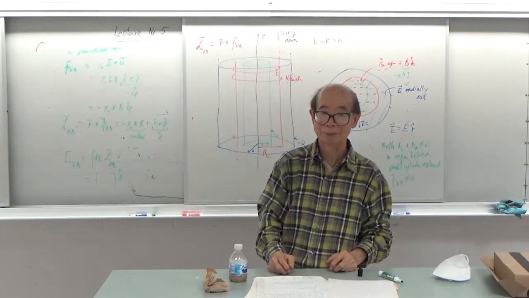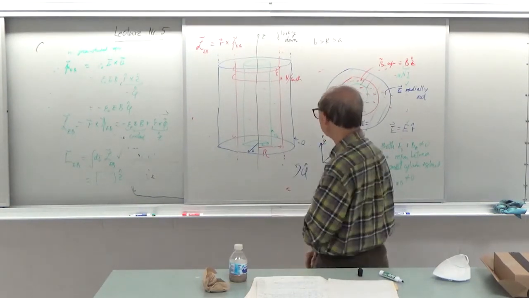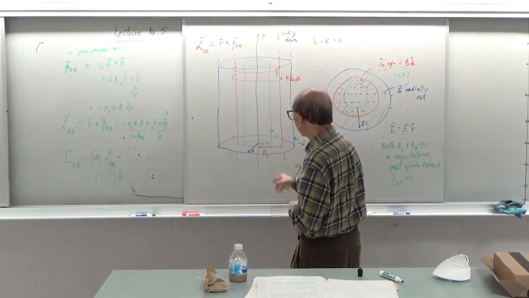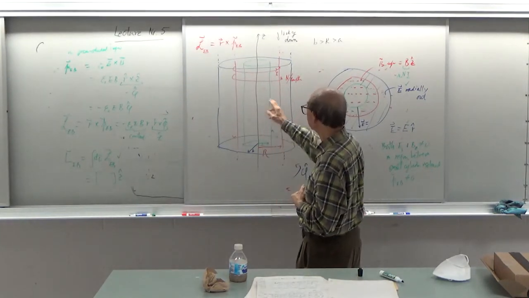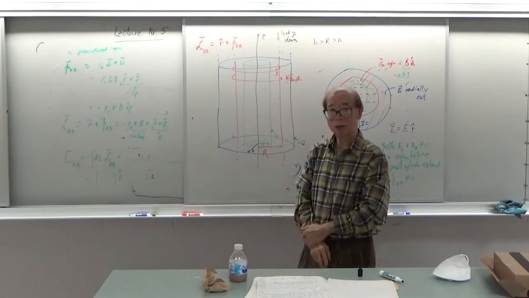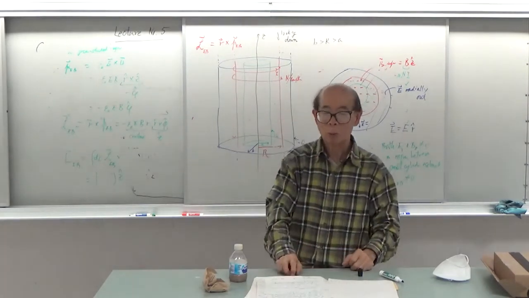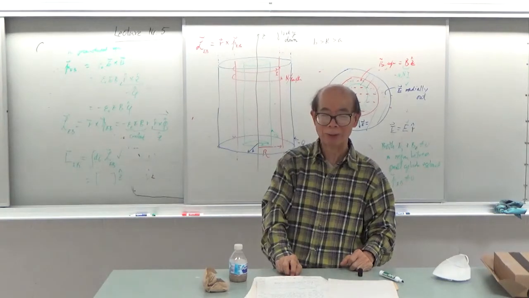It's the hard one. The angular momentum is eventually carried by the two cylindrical shells, but where do they get the angular momentum?